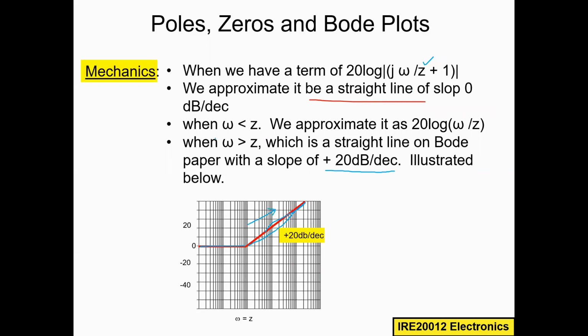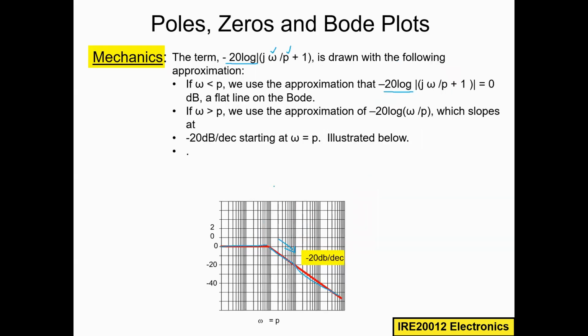So this really depends upon the omega value with respect to the zeros and poles. And if omega is less than the poles and zeros, it is going to be a flat line.